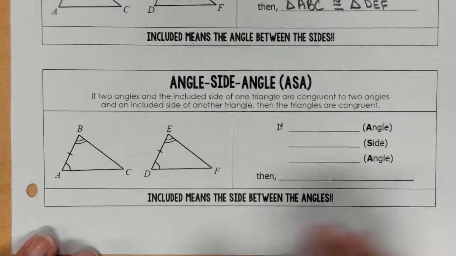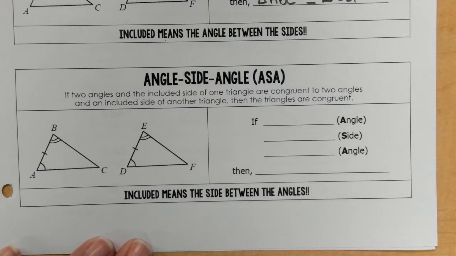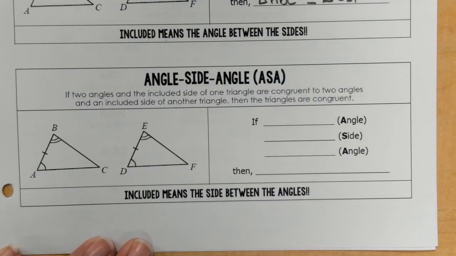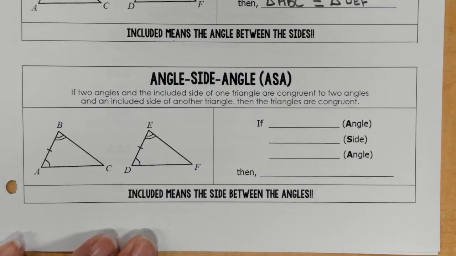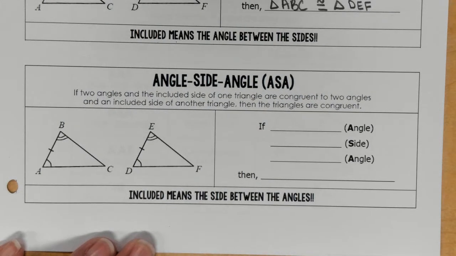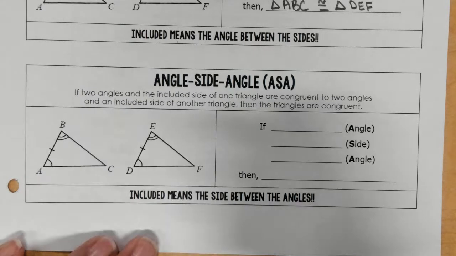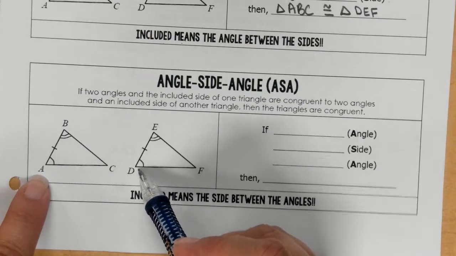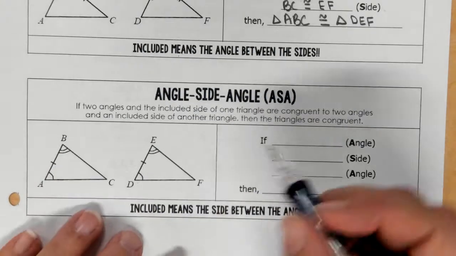Okay. The next one is called ASA for angle, side, angle. If 2 angles and the included side of one triangle are congruent to 2 angles and the included side of another triangle, the triangles are congruent. Alright, so let's look. We have 2 angles that match up, the side in the middle, and then 2 more angles.